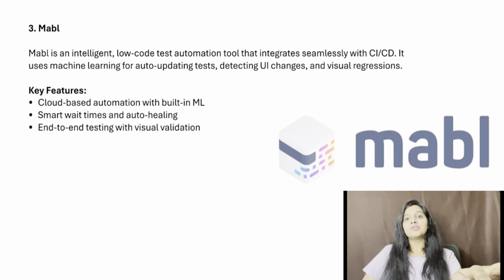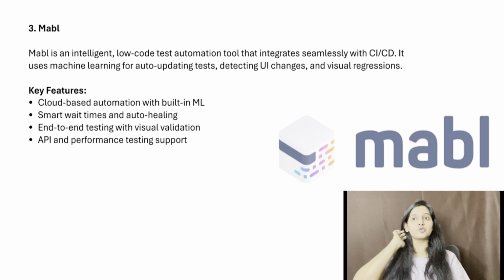End-to-end testing with visual validation. The very first tool we spoke about is completely about visual testing, but this tool will also be able to perform visual validation. API and performance testing support. Along with web and mobile, it will also support API and performance testing.